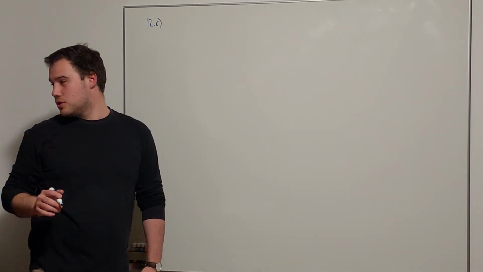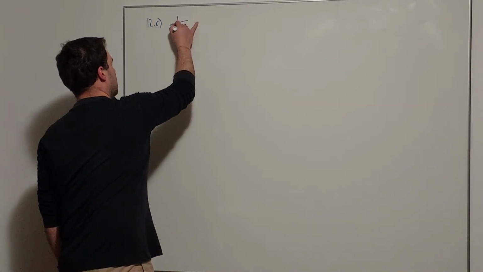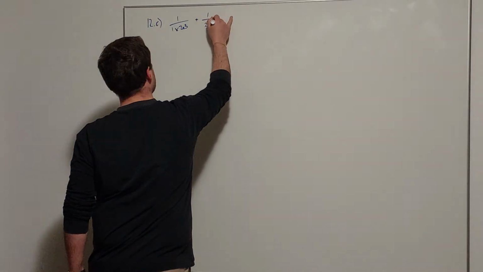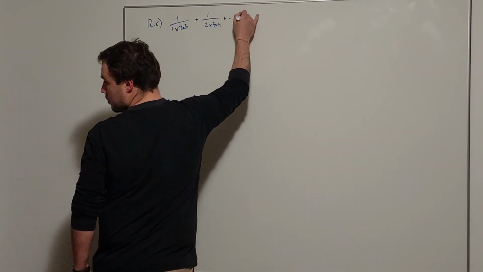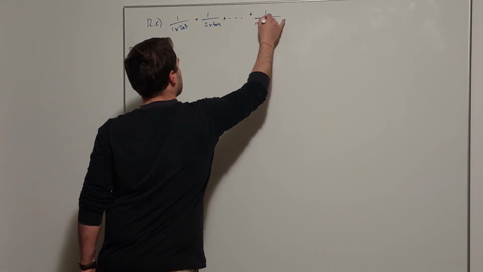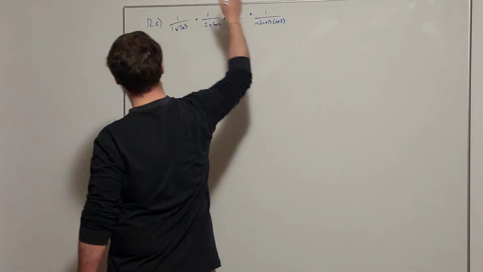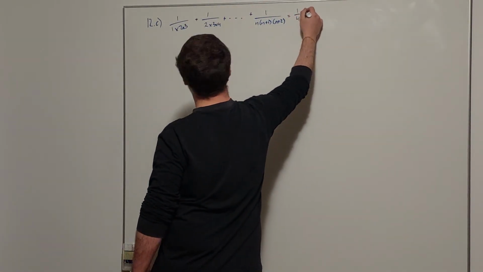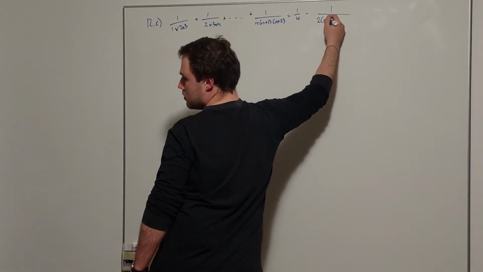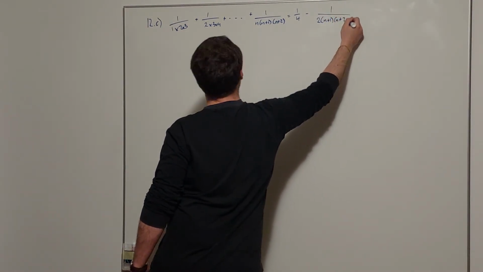Use mathematical induction to prove that 1 on 1 times 2 times 3 plus 1 on 2 times 3 times 4 plus ... plus 1 on the product of 3 consecutive numbers equals a quarter minus 1 on 2 times n plus 1 times n plus 2.